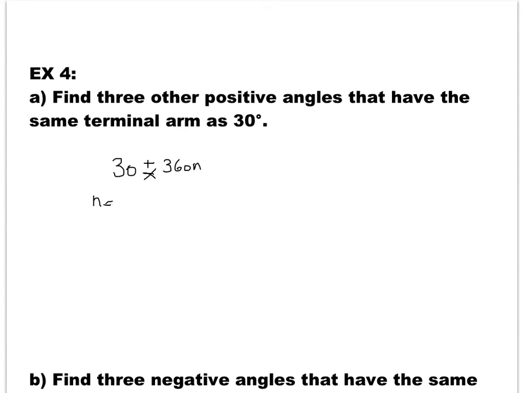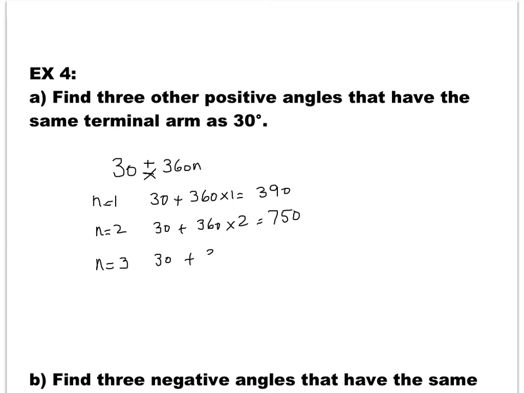Let's say n is 1. So we get 30 plus 360 times 1, which is 390. If n is 2, we get 30 plus 360 times 2, which is 750. If n is 3, then we get 30 plus 360 times 3, which is 1110.